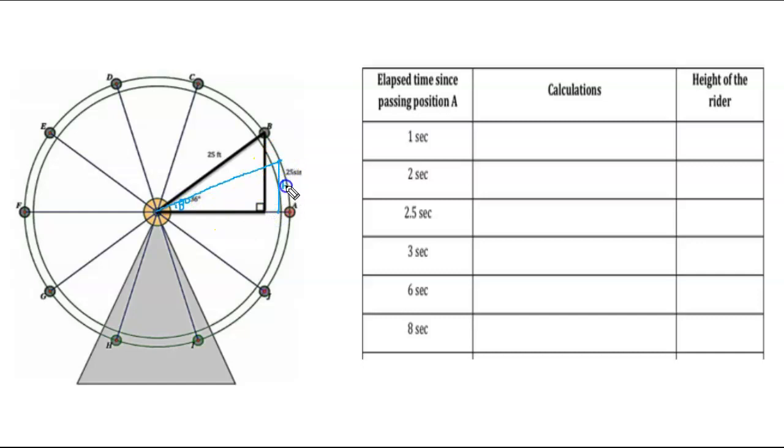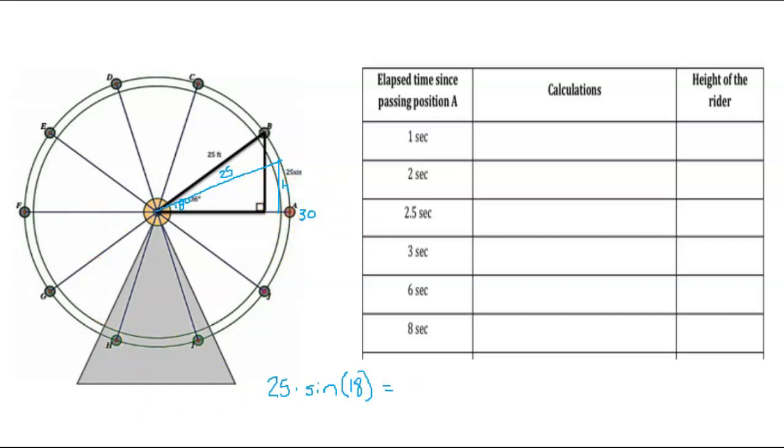And this is the height above 30 that we're looking for. And we learned yesterday that if we just do the radius of the circle, which was 25, times the sine of our angle, and our angle was 18 degrees, then we could figure out what that height was.